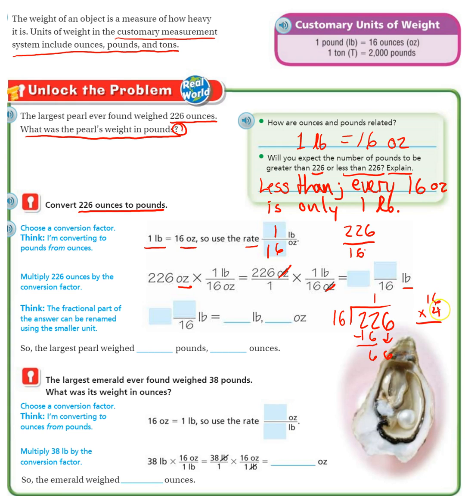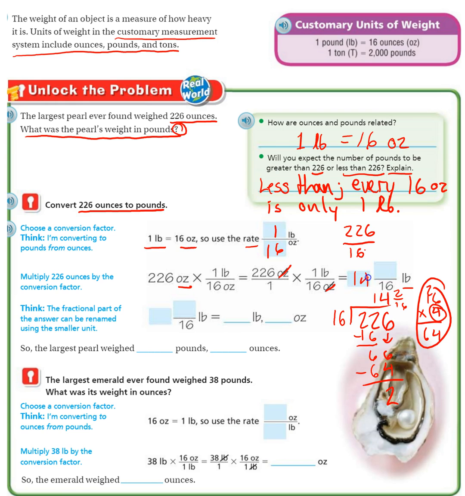4 times 6 is 24. 4 times 1 is 4 plus 2 is 6, so 64. So 4 works because 64 is less than 66. So it goes in 4 times. 4 times 16 is 64. We just did that math right here. Subtract gives us 2. And since we're not dealing with decimals, we're dealing with fractions, I can just bring that remainder up, and my denominator stays the same.